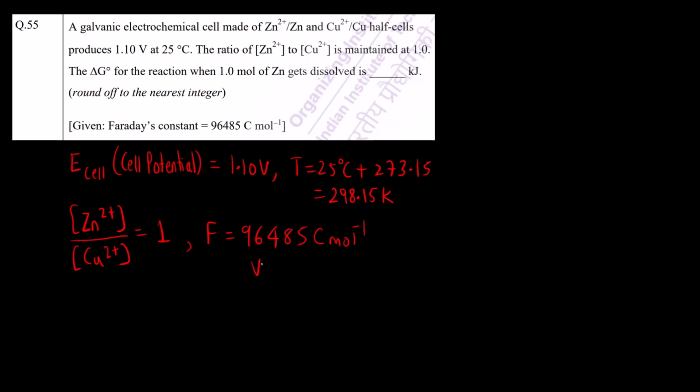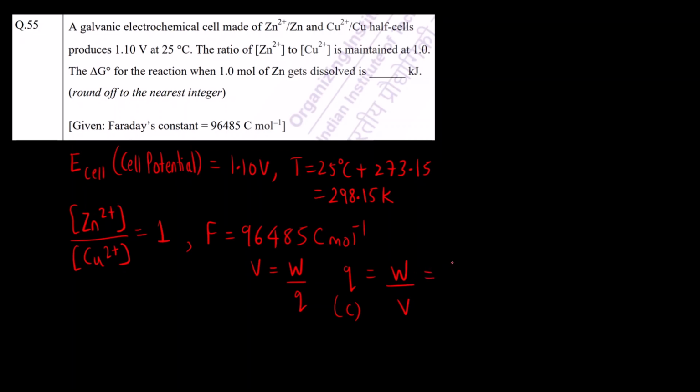Okay, so we know that volt is work done per unit charge. So V is equal to W upon Q, and here the charge is given, the unit of charge being coulomb. I can write coulomb as work done divided by the potential difference.